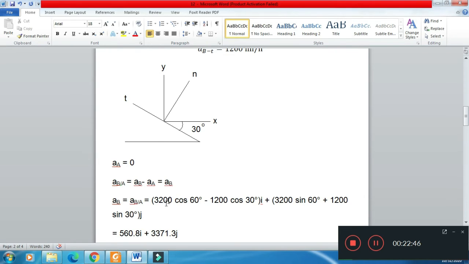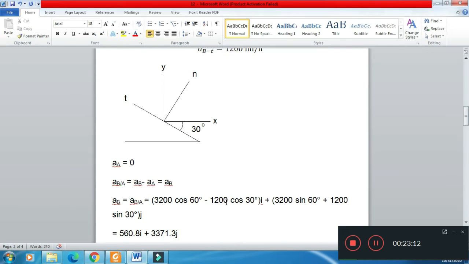So 3200, the normal acceleration, multiplied by cos 60 will give the x component of acceleration due to normal acceleration.